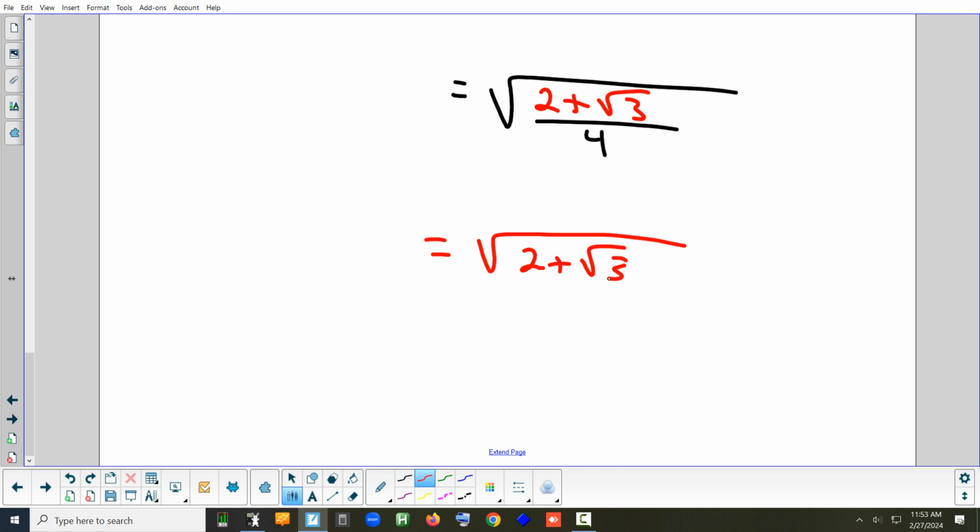All right. How can we fix having a square root and a square root? Multiply by square. You square it so that it's 2 plus square root of 3, and it's not in a square root. Well, if you square it, is that going to still be the same answer?